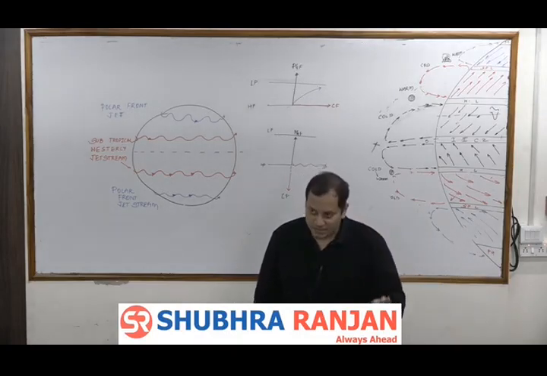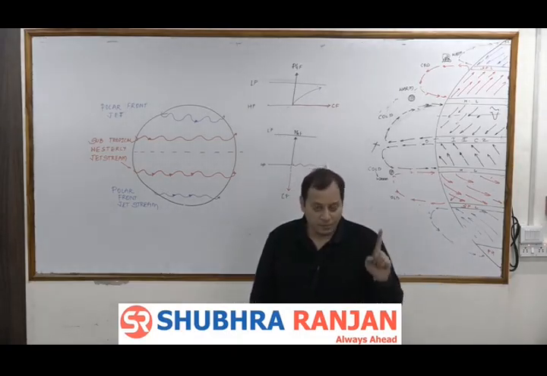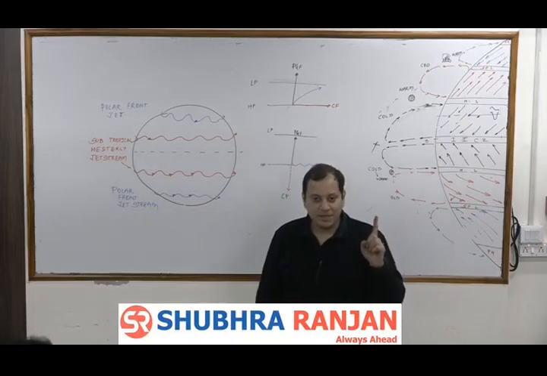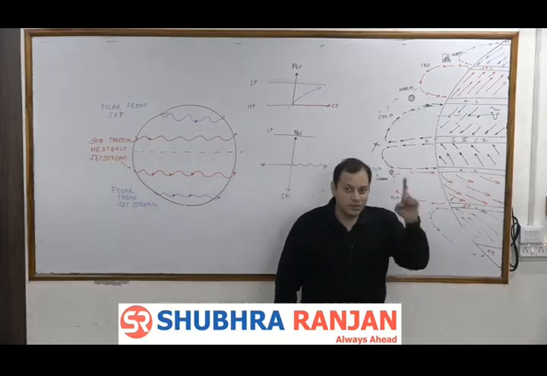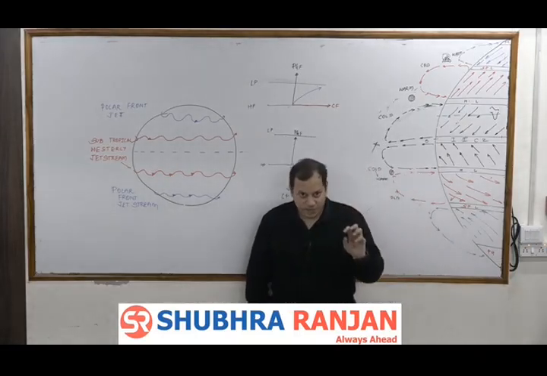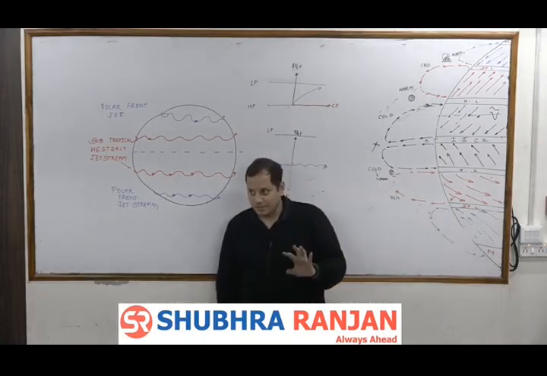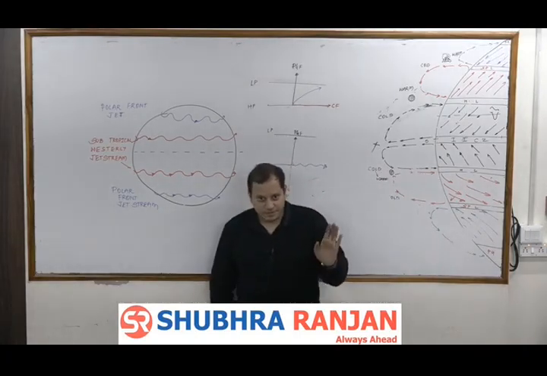So what is a jet stream? Jet stream means any upper air wind. Any upper air wind which flows at the height of 6 to 14 kilometers in the troposphere is what is known as a jet stream. Fine?